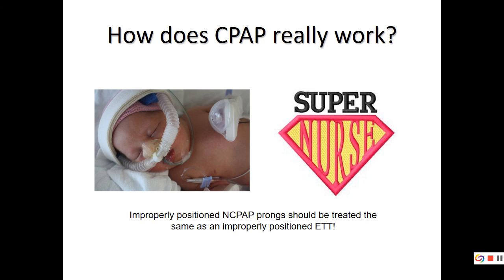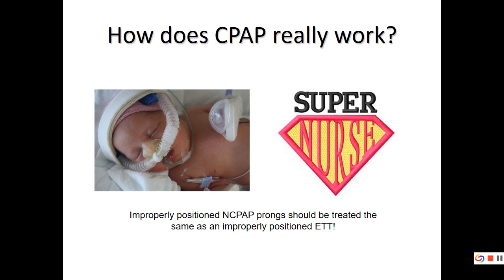So if you had a baby that was on 80% oxygen, super high ventilator settings, and weighed 600 grams, and that baby rapidly extubated and started desatting into the 40s, you would react right away. That would be an emergency. CPAP should be thought of the same way.